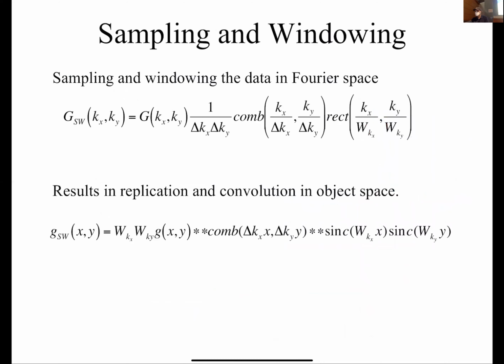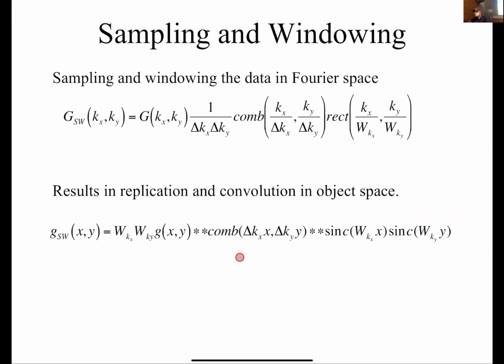So to sum up, what we're doing is we have some desired Fourier transform here. We're going to sample it with a comb function that has spacing of delta kx, delta ky. So these are sampling at those intervals. Then we're going to multiply by a rect function that has these two widths. Since this is multiplication in this domain, we're going to convolve in the other domain.